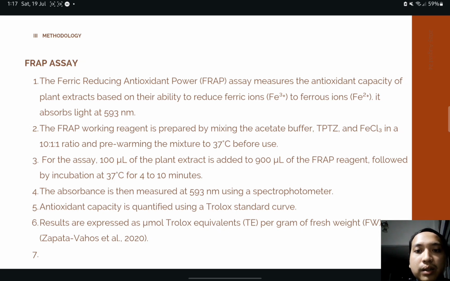For the assay, we use 100 microliter of the plant extract added to 900 microliter of the FRAP reagent, followed by incubation at 37 degrees for 4 to 10 minutes. Then we read the absorbance at 593 nanometer using a spectrophotometer. The antioxidant capacity is quantified using a Trolox standard curve, and the result is expressed as micromole Trolox equivalent per gram of fresh weight.